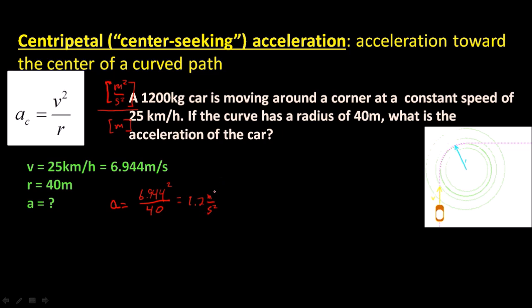Now, that's the magnitude of the acceleration. The direction of the acceleration is toward the center. So if the car is, say, right here in its turn, as it's turning around this way, it's accelerating toward the center. That way the acceleration doesn't change the speed, but it does change the direction. That's how it works.